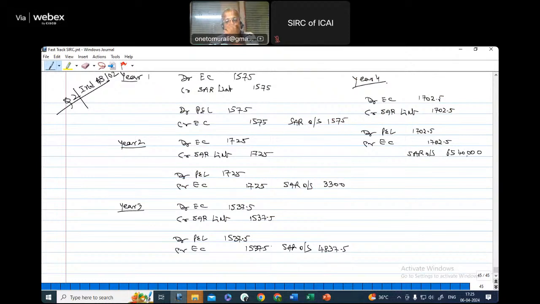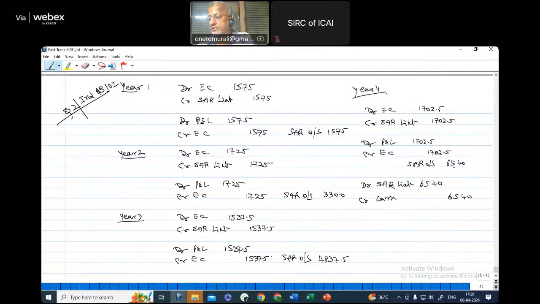See, at that point of time when the vesting is over, then SAR liability 65,40,000, credit is given to cash 65,40,000. So stock appreciation rights at that point of time will be paid in full. Correct?